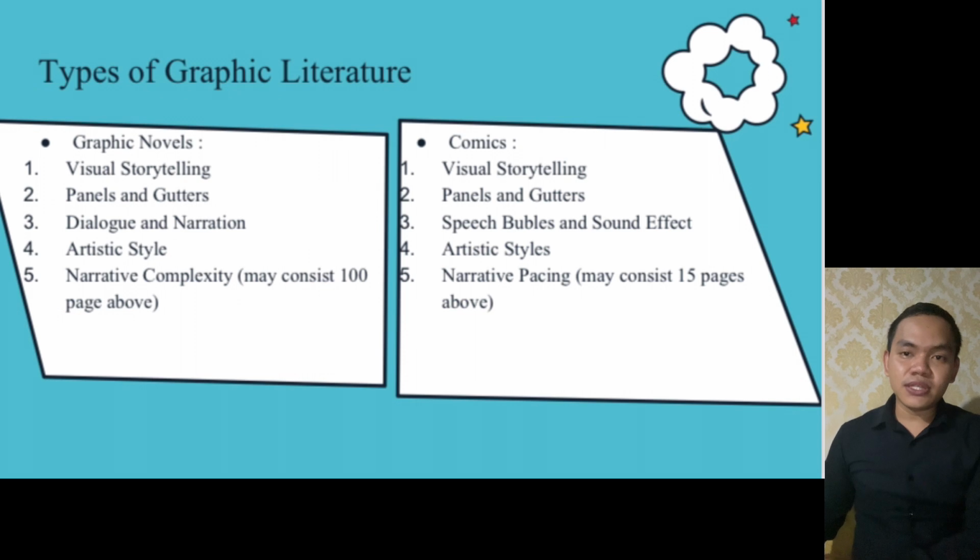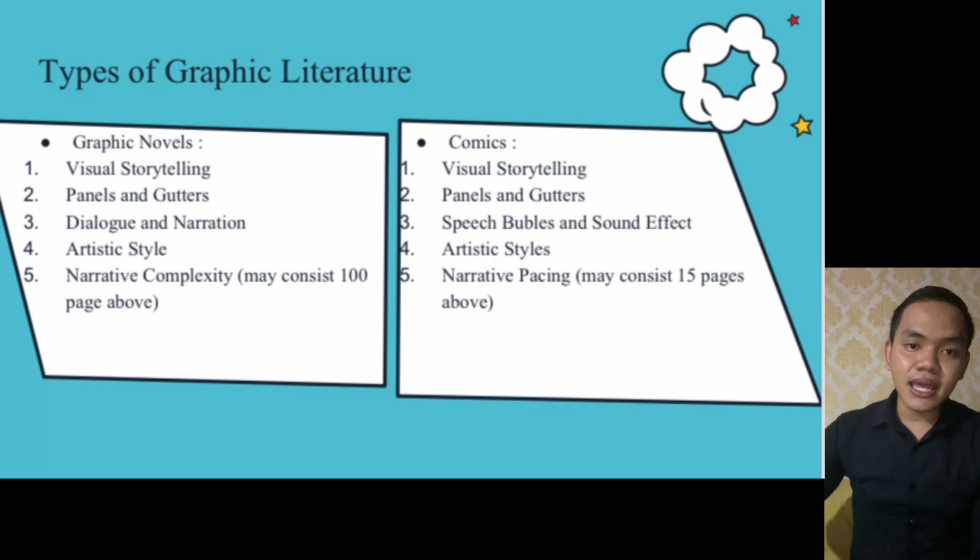Here are the differences between the types. In graphic novels, we can find visual storytelling, panels and gutters, dialogue and narration, artistic style, and narrative complexity, and most graphic novels consist of 100 pages or more. On the other hand, comics consist of visual storytelling, panels and gutters, speech bubbles and sound effects, artistic styles, and narrative pacing. They might consist of 15 pages or more.